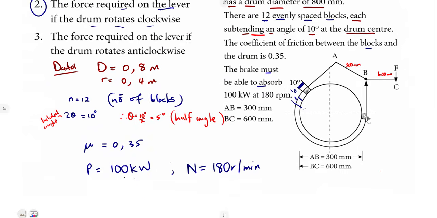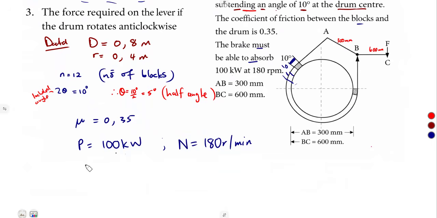All right, we have T1 and T2, remember? T1 was 25,476 kilonewton. And also, we calculated our T2. It was 12,213 kilonewton.